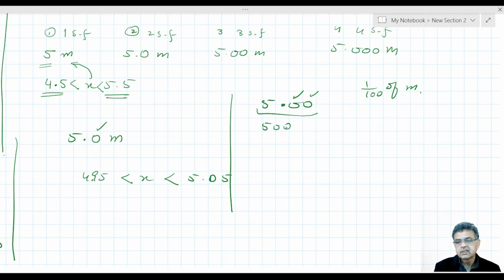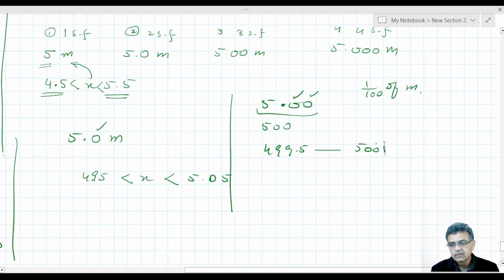So this is 500 centimeters correct to 1 centimeter, that is between 499.5 and 500.5 centimeters.